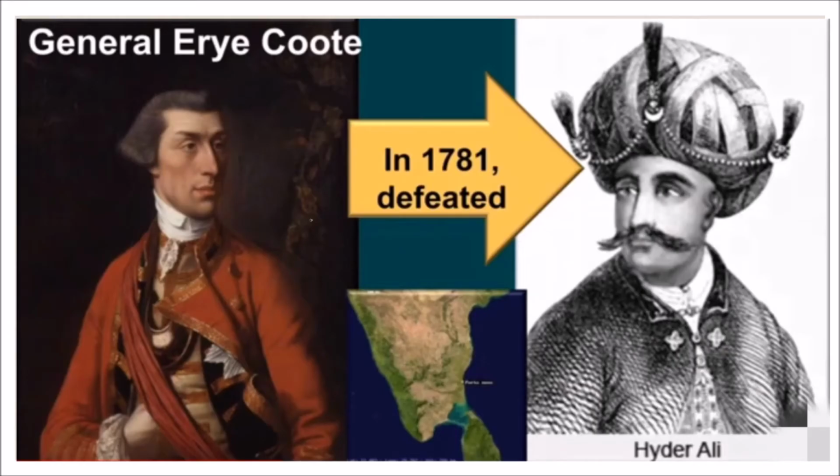So, this led to the Second Anglo-Mysore War. The British army was led by General Sir Hector Munro, and in 1781 the British General Sir Eyre Coote defeated Haider Ali at Porto Novo.